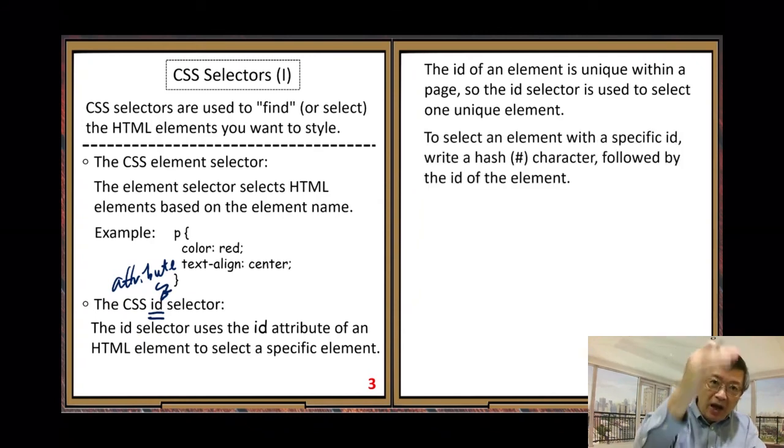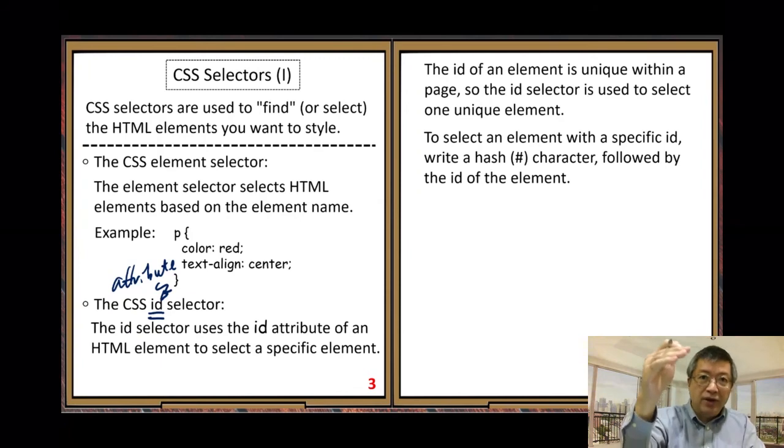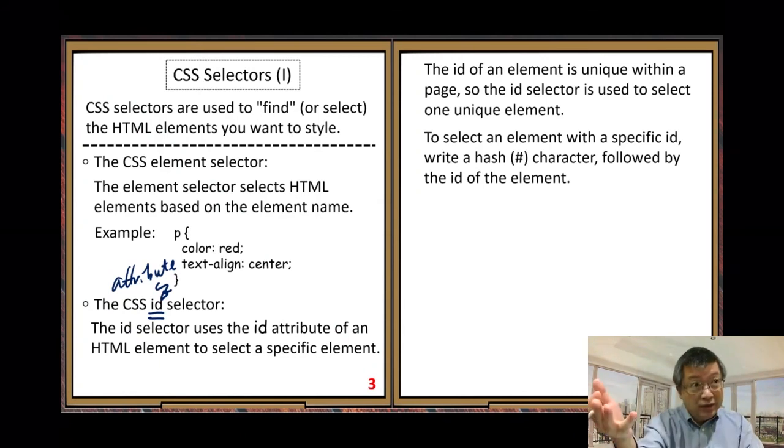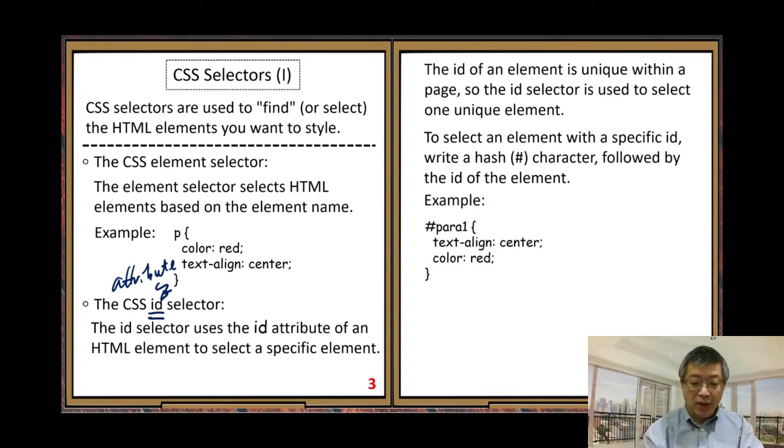To select an element with a specific ID, write a hash character followed by the ID of the element. That's the way to write the selector, the hash character. Look at the example. Here, this is the selector part. Hash, then para 1.